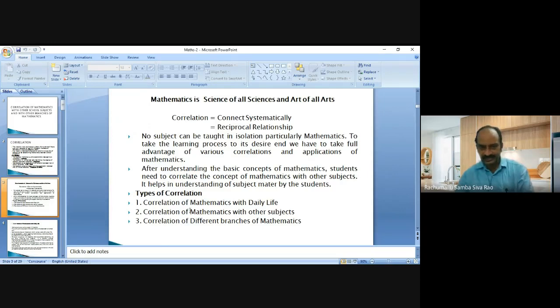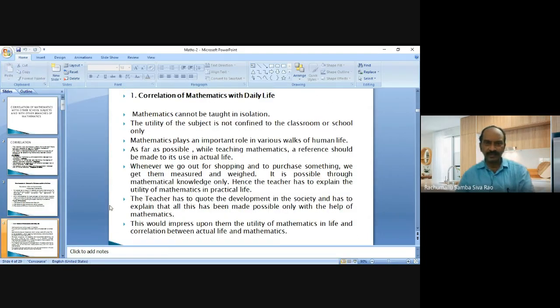Okay, let us discuss one by one. Coming to the first one, correlation of mathematics with daily life. I think there is no need for more explanation, because we discussed a lot in the nature of mathematics regarding the importance and characters of mathematics, and the importance of mathematics in our daily life.